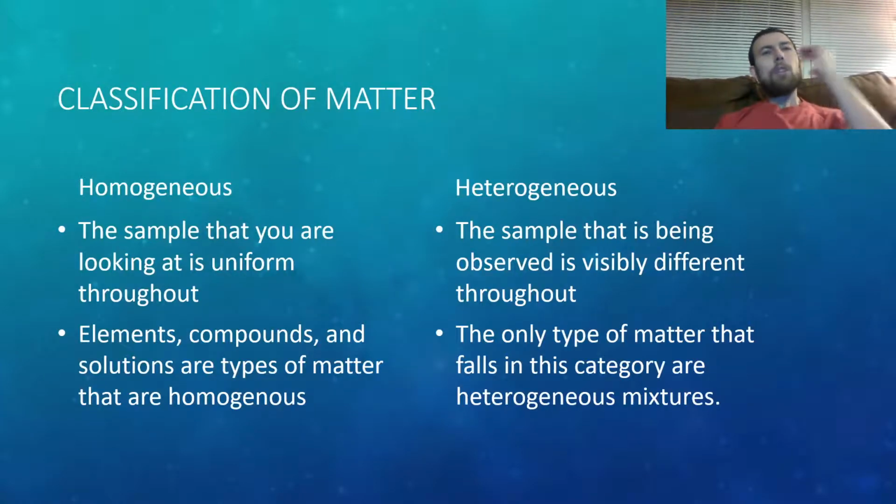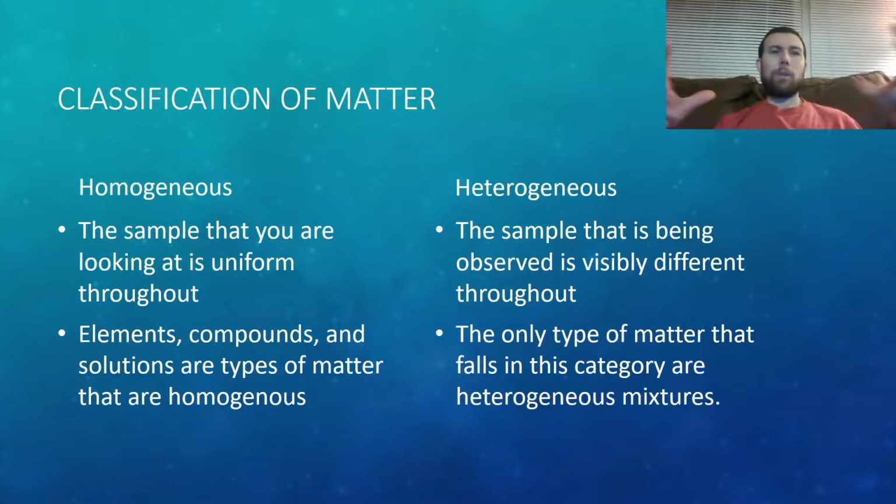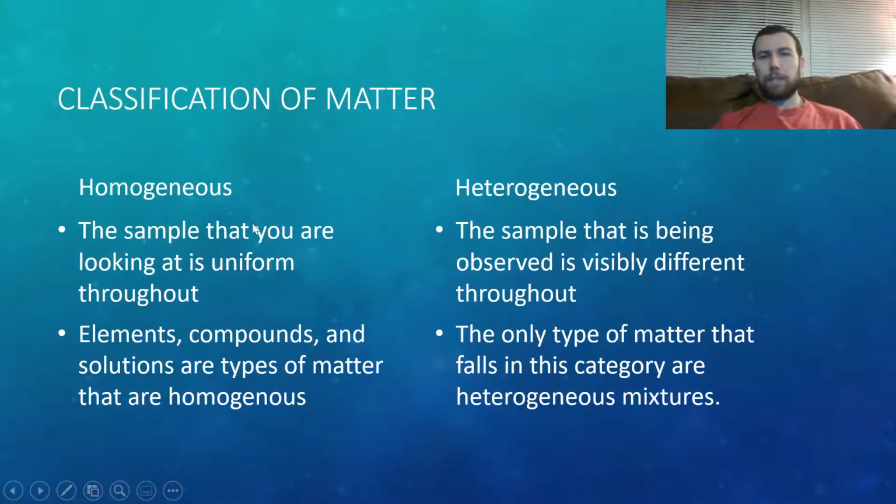And so when we start to classify matter, the first breakdown or subcategory we can come up with is this idea of homogeneous or heterogeneous. Now, when you start breaking down words, the prefix in front of each of those words, you've got homo in front of homogeneous, and we've got hetero in front of heterogeneous.